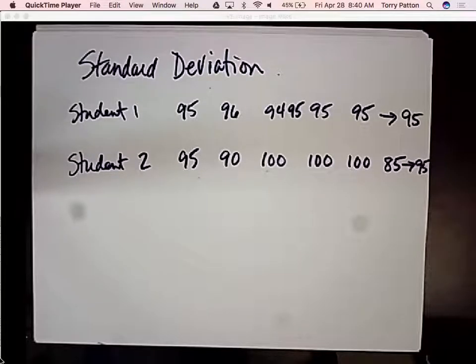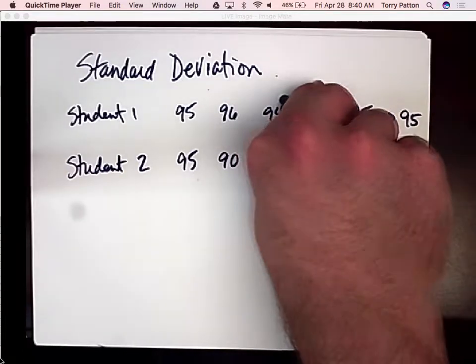The least he made was 1 point lower, right? So he was consistently 95. Bumped up to 96 one day, down to 94 one day, but everything else was just straight 95. Student 2 only made 95 once. Every other time, they were at least 5 points off, sometimes 10 points off, okay? So theirs is more spread out than here.